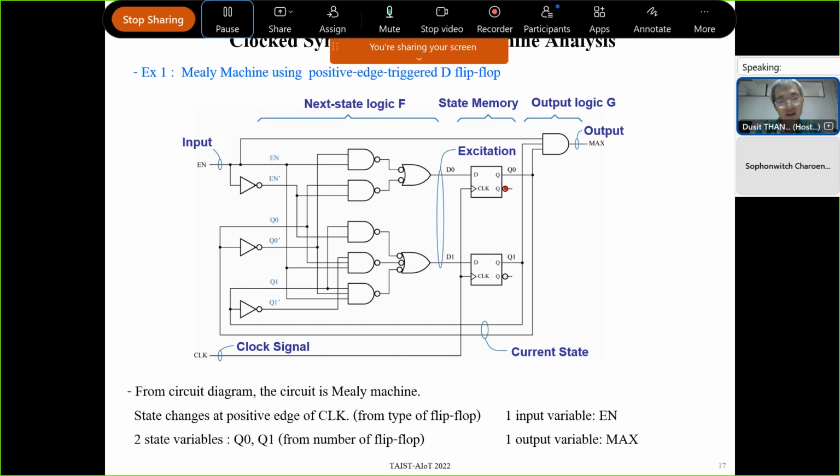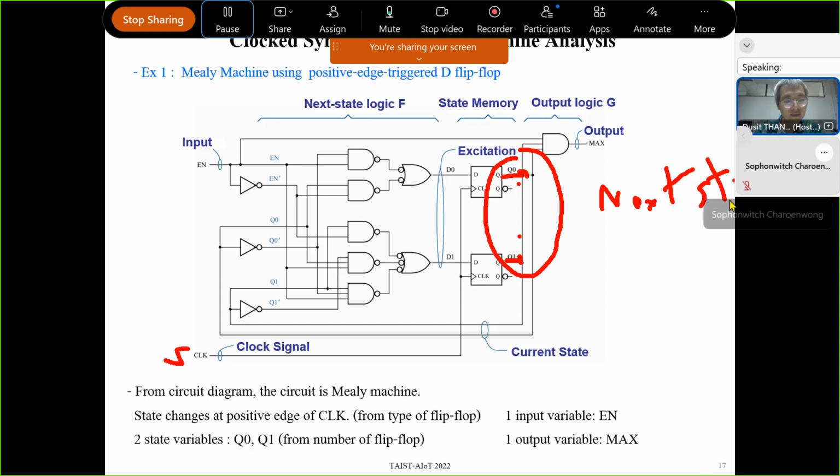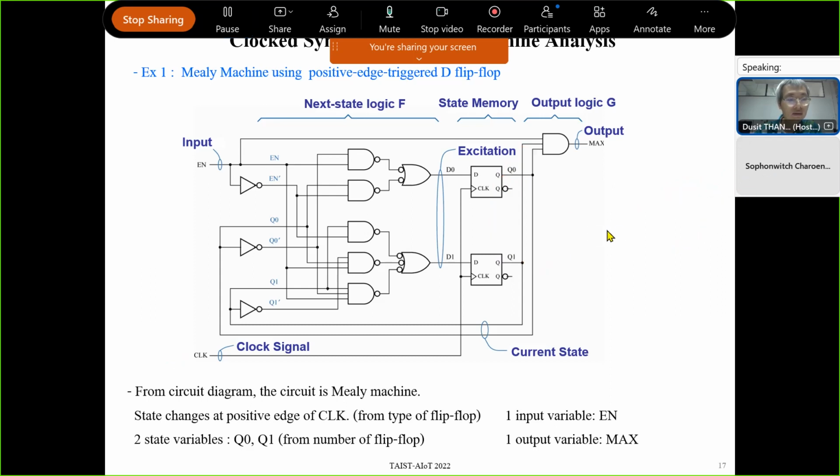For a state machine, you also need to know, when the clock ticks, what is the new value of Q1, Q0, or what is the next state value. Okay, you need to determine the next state.